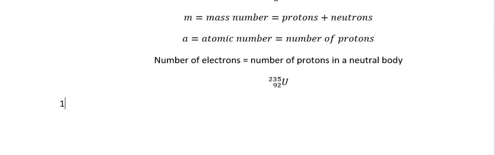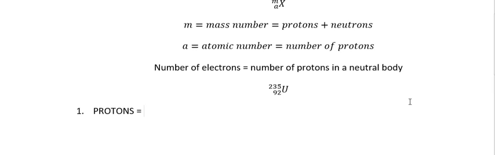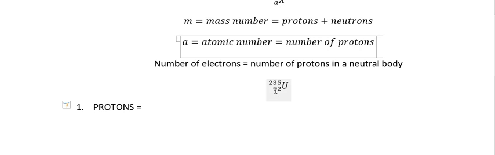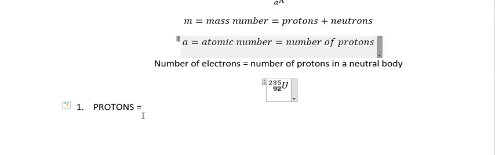Let us find protons. Like I said, the number of protons is A. It is the atomic number, the number that you represent in the periodic table. So in this case, the number of protons is 92.